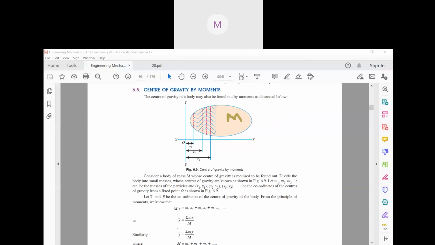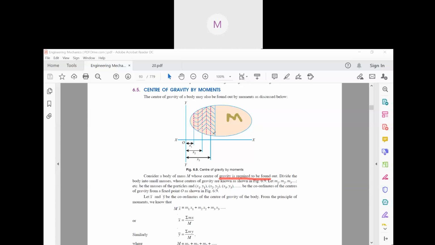If we have certain definite shapes, then we can directly find out the center of gravity and centroid, right? But here, in certain cases, we don't have that definite shape. So how will you find out that center of gravity and centroid?